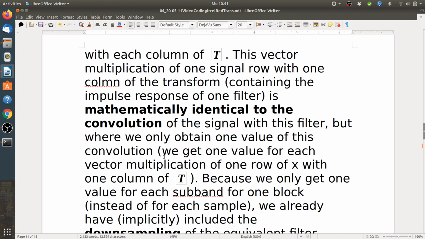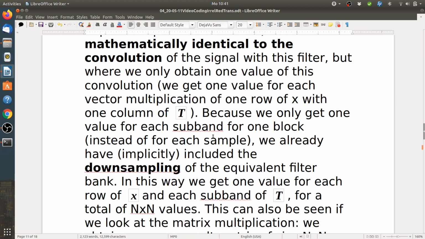We get one value for each vector multiplication of one row of X with one column of T. Because we only get one value for each subband for one block, instead of for each sample, we already have implicitly included the downsampling of the equivalent filter bank. So that means we only get one time sample for one block of n samples. That means implicitly we did a downsampling by a factor of n, capital N.